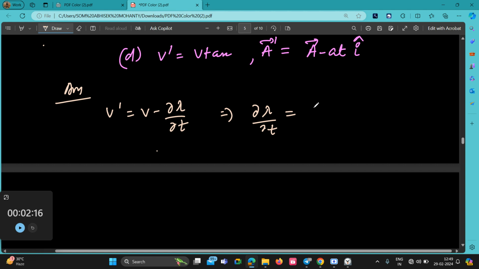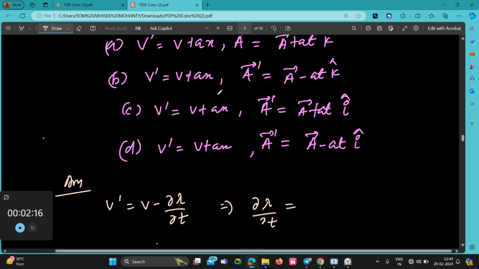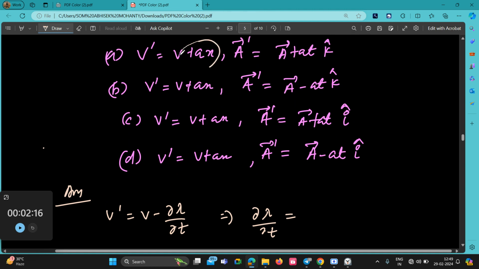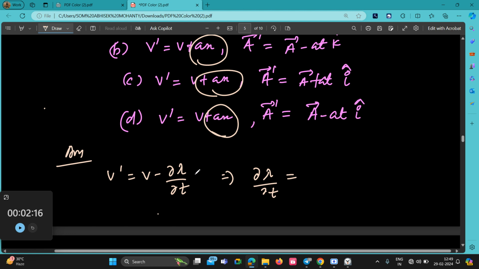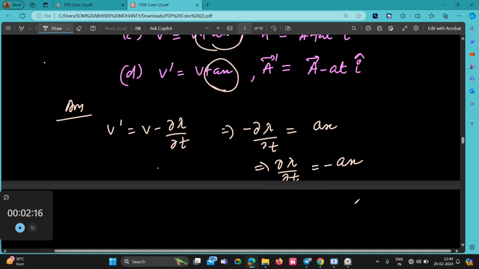It is minus a x, because in all the options it is plus a x, so minus ∂λ/∂t is a x in all the cases. So ∂λ/∂t is minus a x.